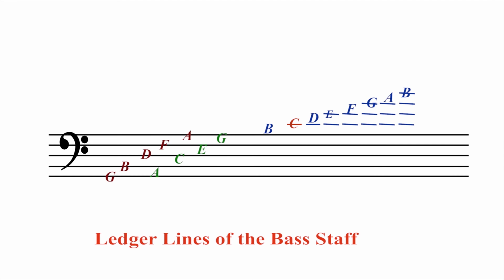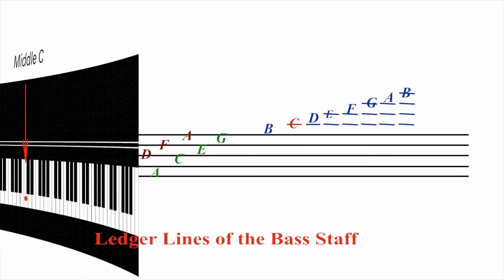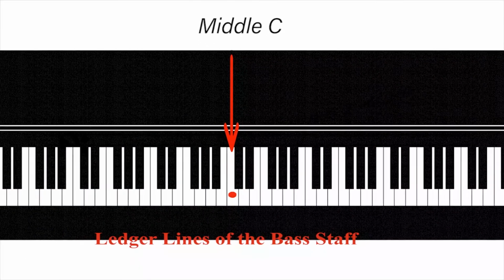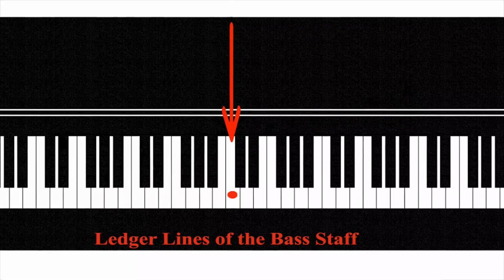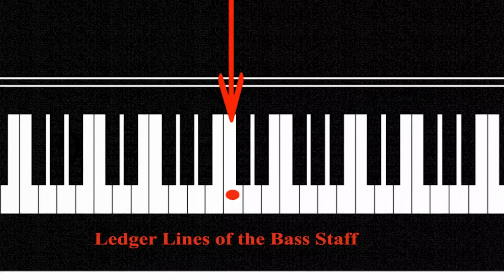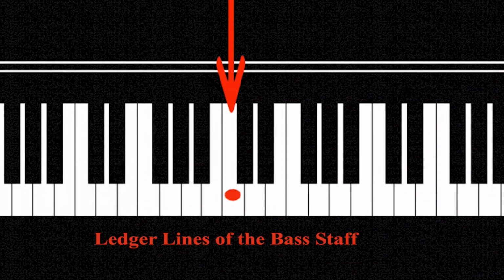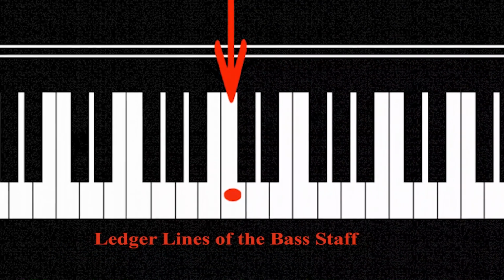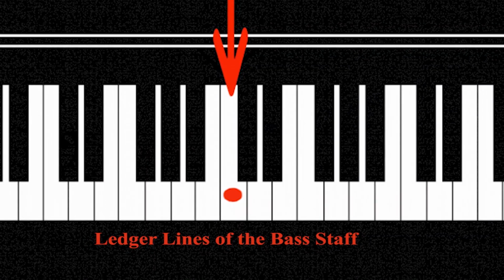This is the middle C, the note in the middle of the piano keyboard. It corresponds to this particular first ledger line below the treble staff and first ledger line above the bass staff. You can see here, when I put the picture of a piano there, that is C that is sounding now, C.